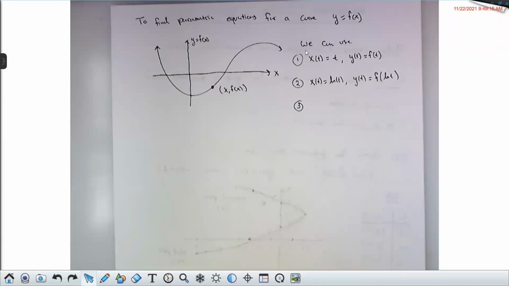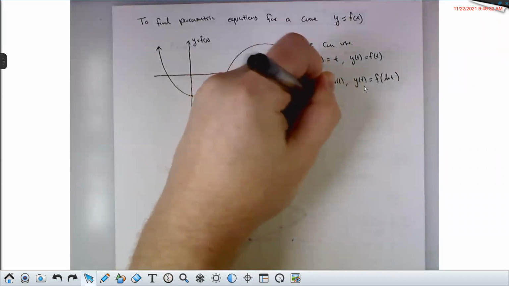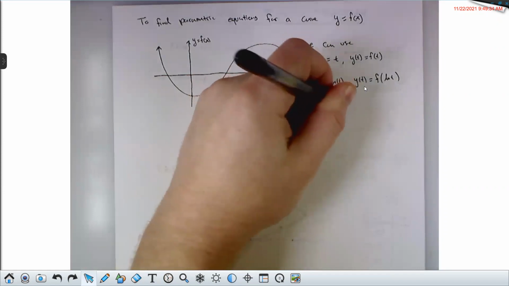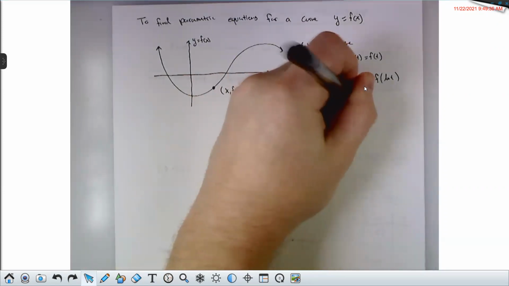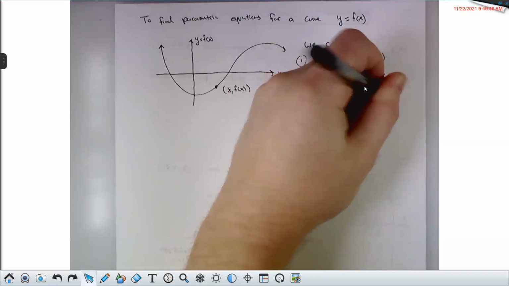Meaning for your x function, you don't want something that goes back and forth from increasing to decreasing, and you want to make sure that the range is all real numbers. As long as you pick any function like that for the x, the y is just going to be f of that thing. So as another example, I could use x of t equals t cubed, and then y of t would be f of t cubed.